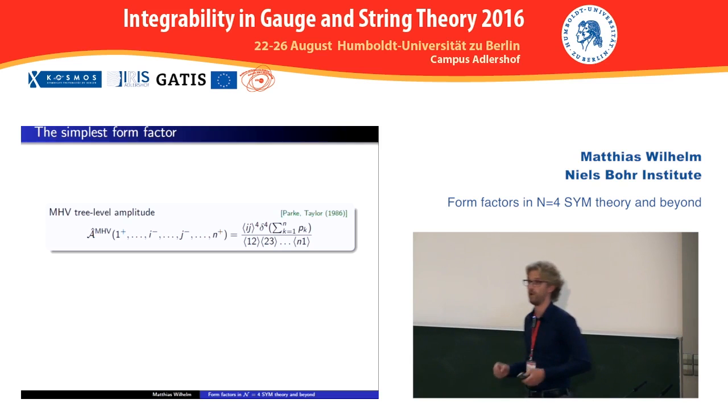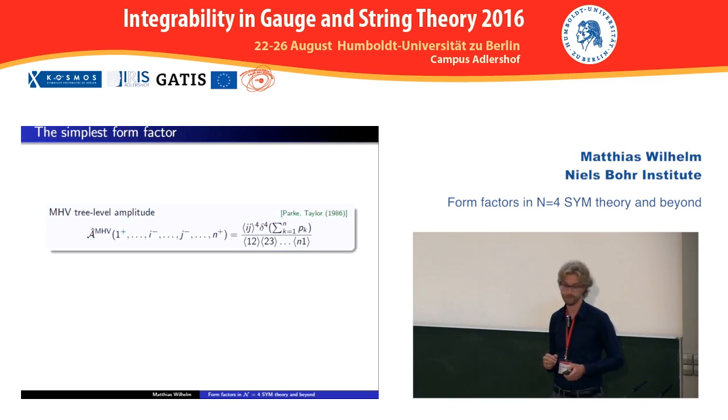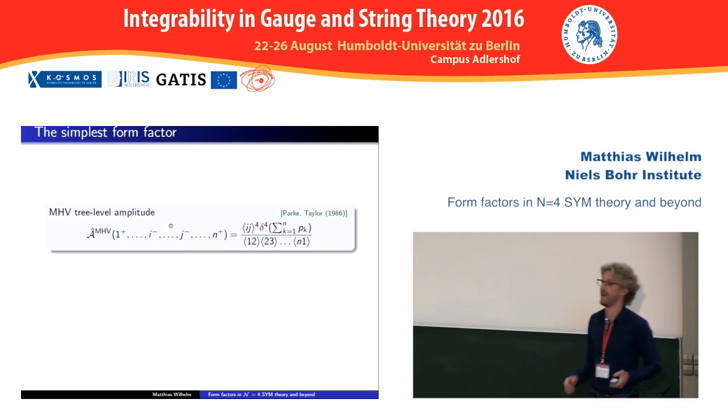In a convention where all particles are outgoing, this describes the decay of the vacuum into 2 minus helicity gluons at positions i and j, as well as n minus 2 plus helicity gluons at all other positions.